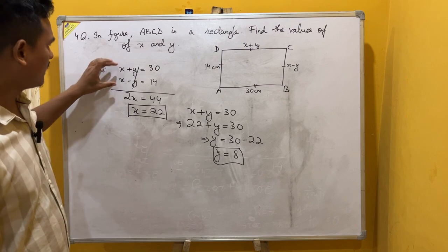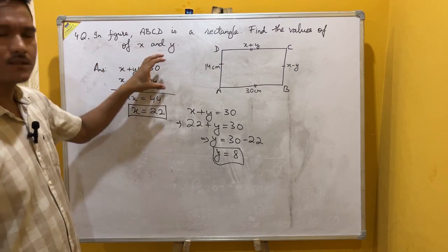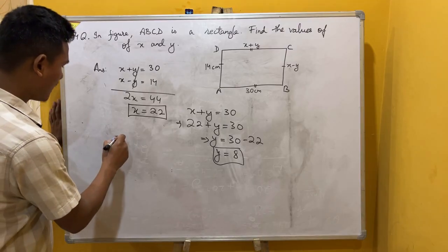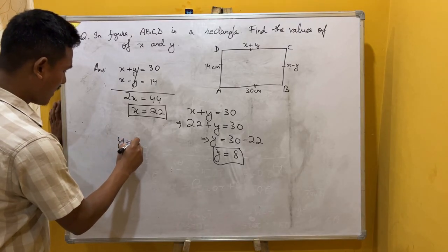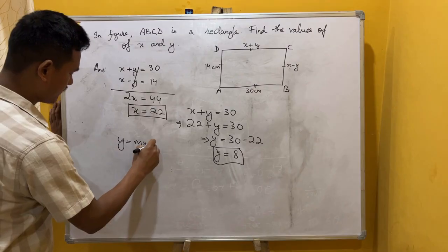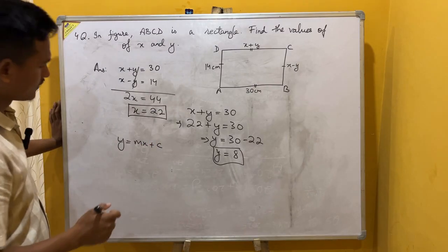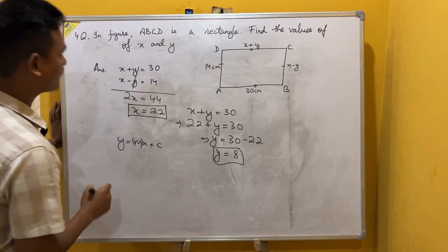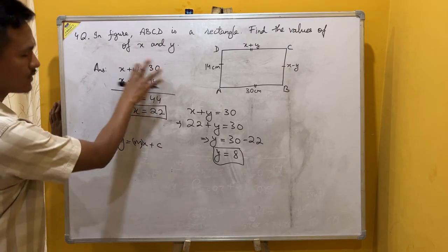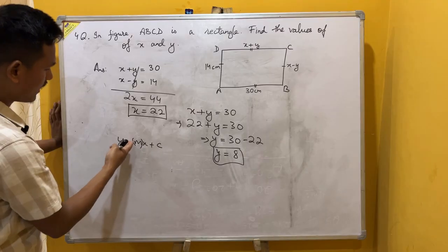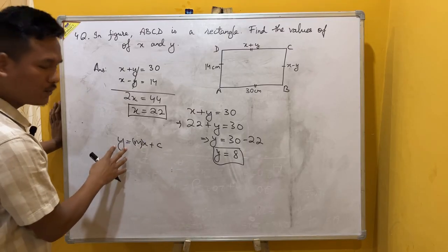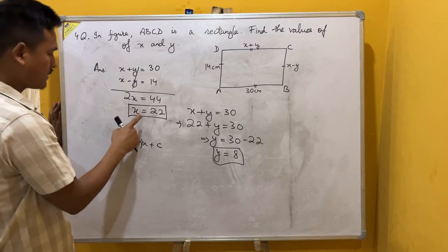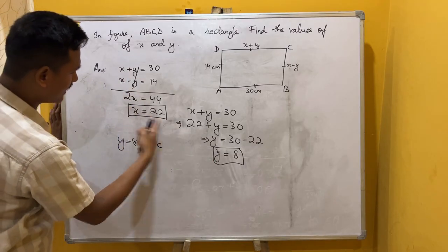Sometimes an equation similar to this is given and they might say, find the value of m if y equals mx plus c. After solving the equations, we substitute the values of y and x into this equation.